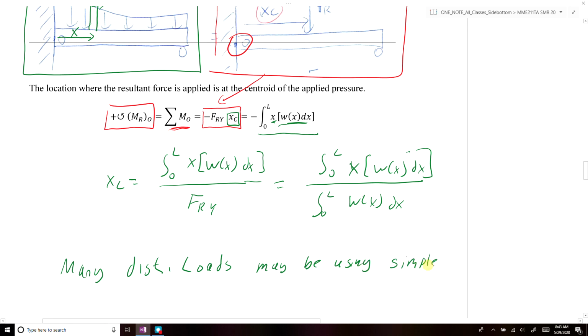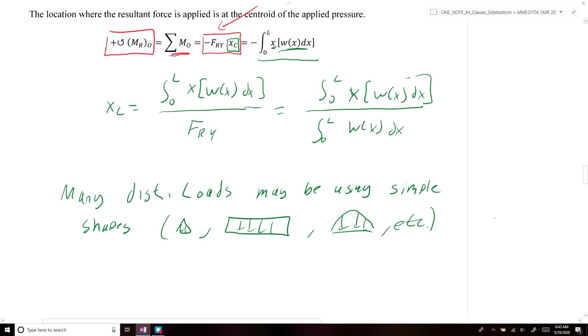What I mean by simple shapes is, typically, they can be triangular, rectangular, or parabolic, etc. If they're a simple shape, we can use tabulated results. FRY would just be equal to the area under these curves, and x of c would just be at the centroid of these areas.